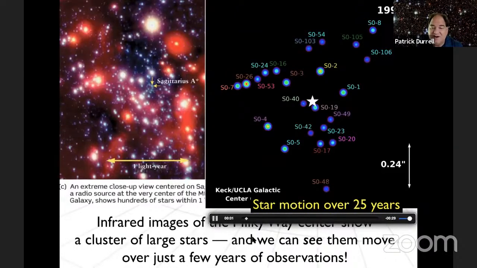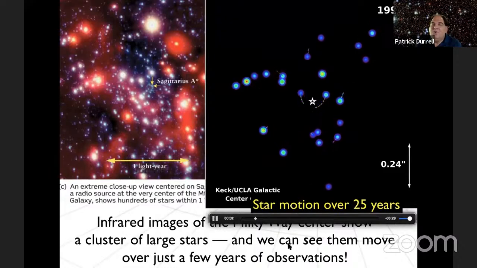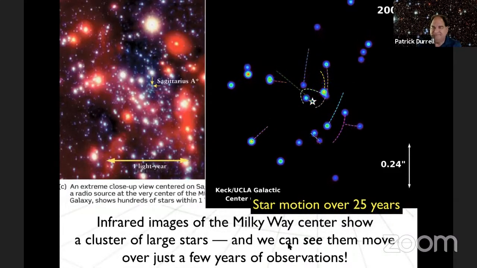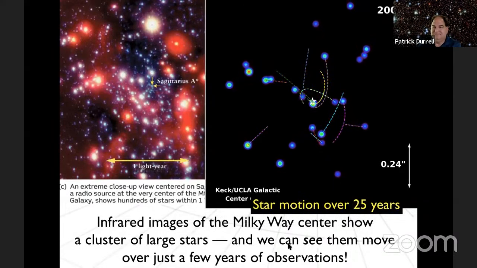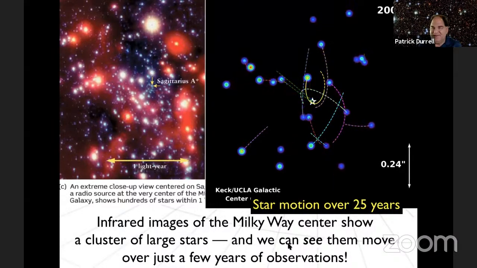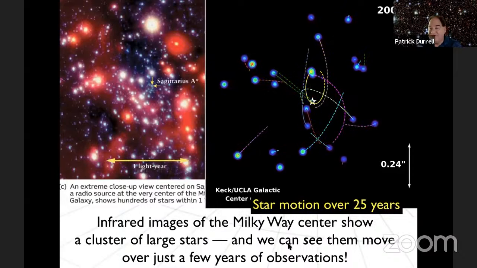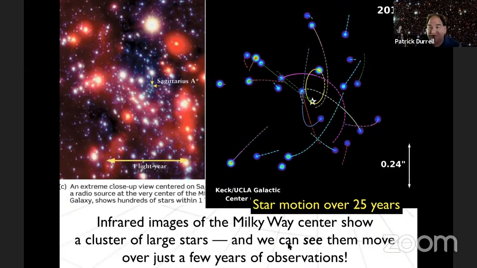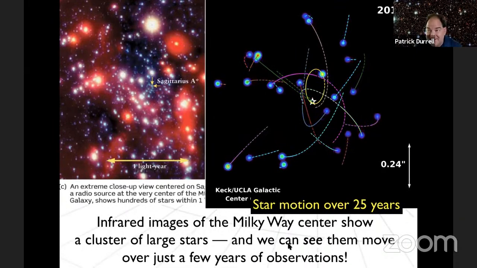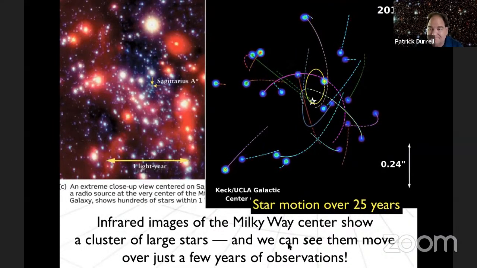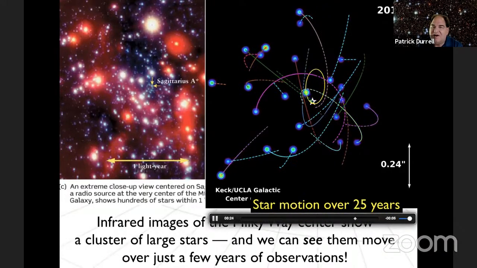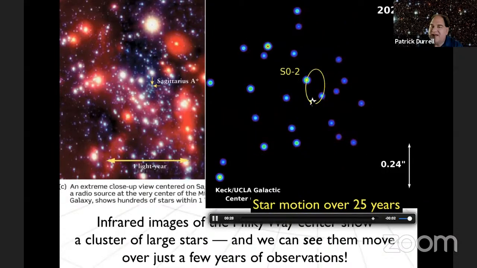And the stars, watch them, you can actually see them move. I can't get enough of showing this to people. I have nothing to do with this kind of research, but you can actually see the stars move. Most stars are so far away, you don't see them actually moving. But here in the middle of our galaxy, we can see these stars orbit around Sagittarius A star.